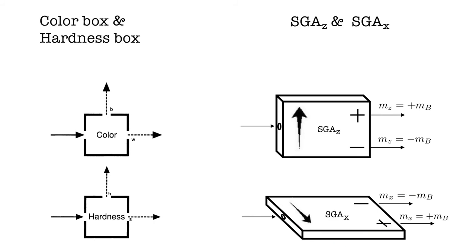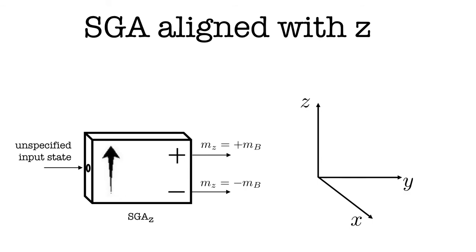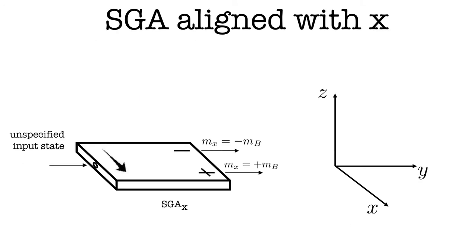The other thing to point out is that an SGA-Z is nothing more than an SGA theta with theta equal to 0. Because when theta is equal to 0, then the orientation of the analyzer is parallel to the z-axis. And similarly, an SGA in the x direction is nothing more than an SGA 90 degrees.